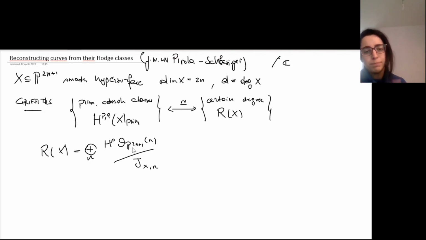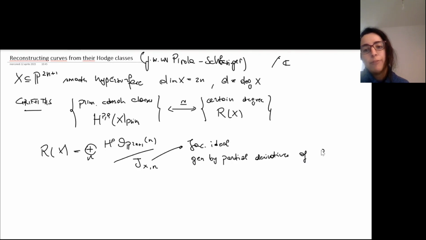Those are graded rings, so degree by degree by the degree of polynomials. The Jacobian ideal is clearly the ideal generated by the partial derivatives of f, where X is defined by f = 0.